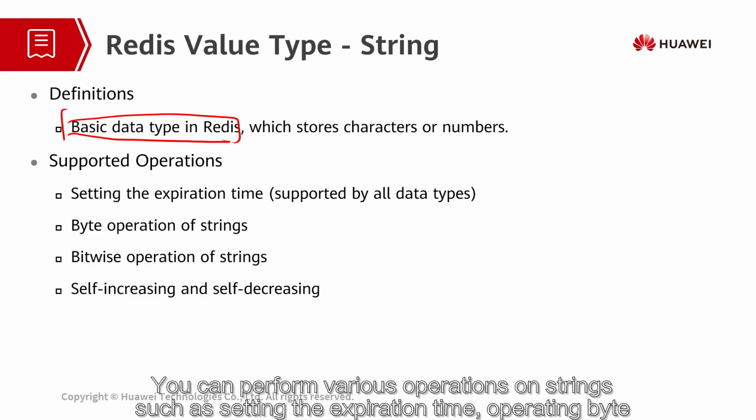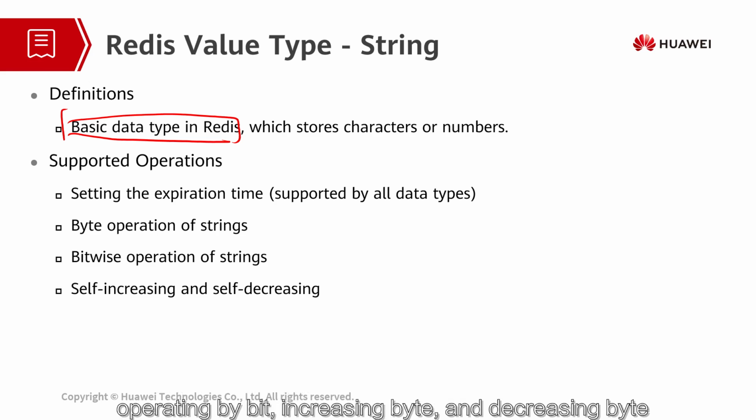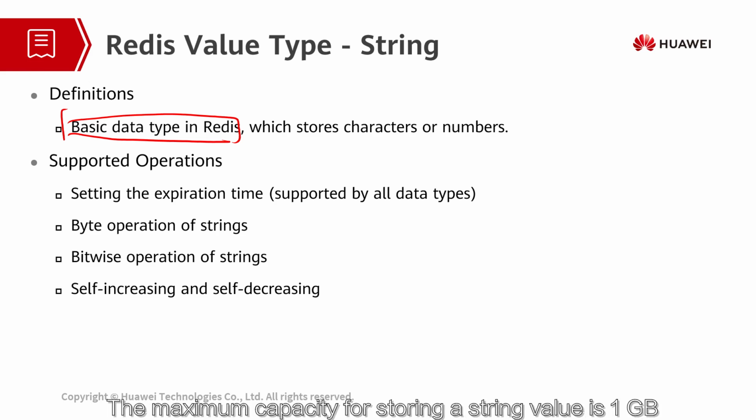You can perform various operations on strings, such as setting the expiration time, operating by byte, operating by bit, increasing, and decreasing. The maximum capacity for storing a string value is 1 GB.